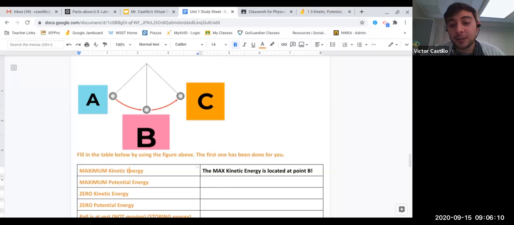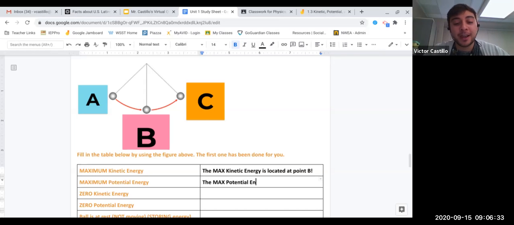According to what Layla and Emily filled out, the next one says maximum potential energy. There is maximum potential energy at point C. Good job. Let's do the whole thing.